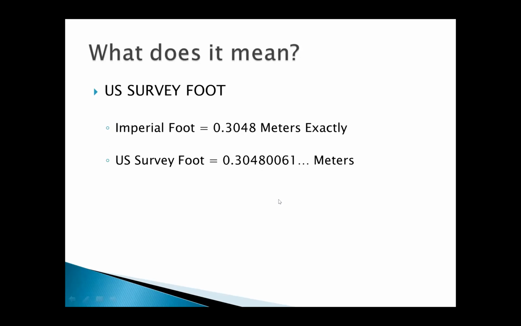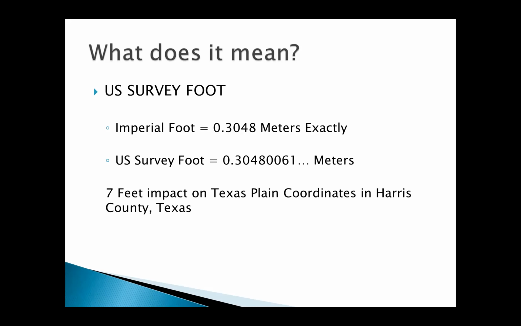The U.S. survey foot is a little bit different. This difference is of almost no importance for any particular measurement. It does come into play when you start applying it to the Texas plane coordinate system.